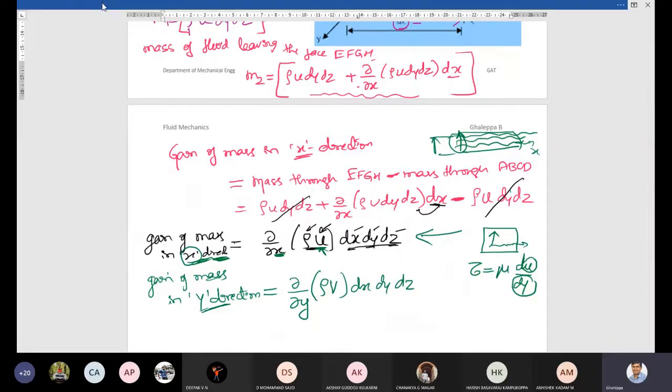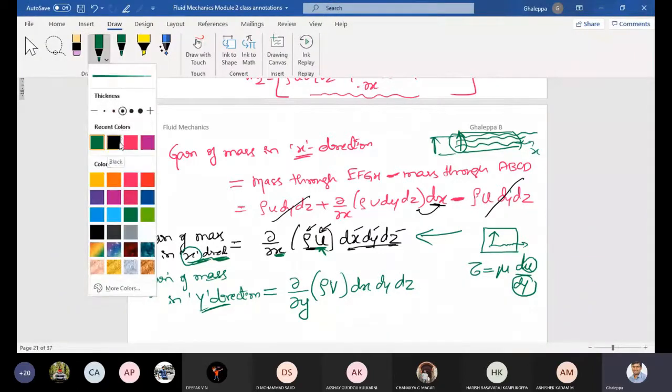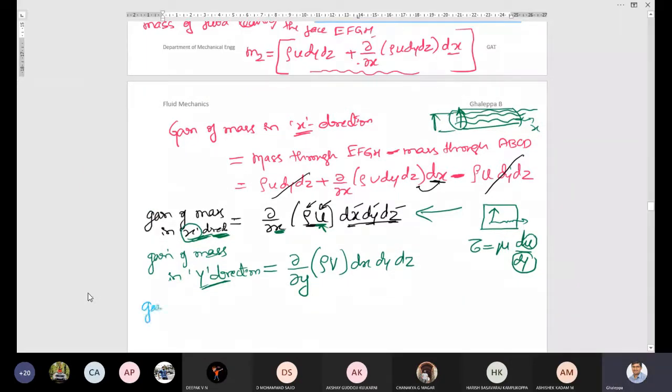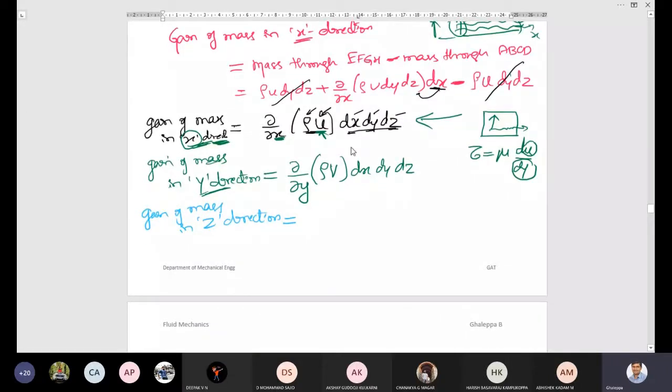Similarly, my dear students, can you help me to write the expression in z direction? Gain of mass in z direction. Chandan, Siddharth, you tell me what is the equation of gain of mass in z direction?